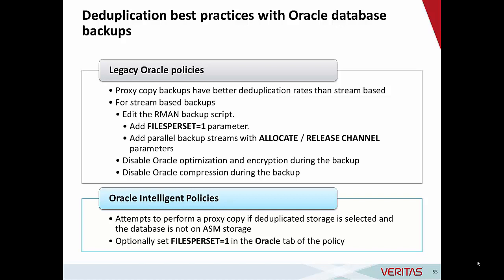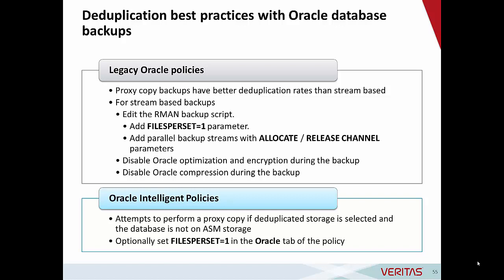Now, if you're going to go ahead with stream-based backups, the issue that you can run into is when you're backing up multiple data files, RMAN likes to multiplex the data on the backside in order to improve performance. It will read data from multiple open data files and combine it together into a single stream of output, and it will do this in any manner which optimizes throughput.